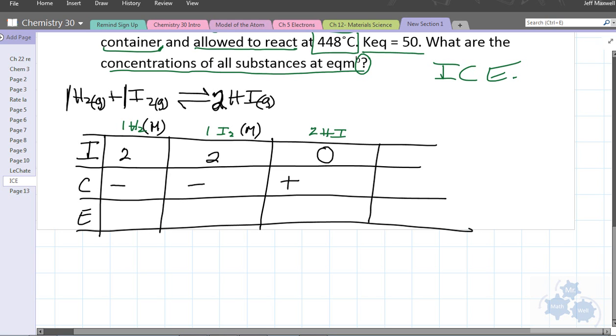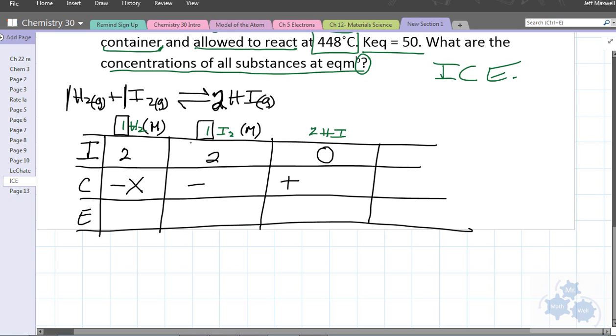That's pretty easy. These are going to react right here, and so the 2 moles is going to go down. Now, by how much, we don't know. So this is where we introduce a variable, okay? If this goes down by some unknown amount, this is going to go down by how much compared to X? Yes, the same.